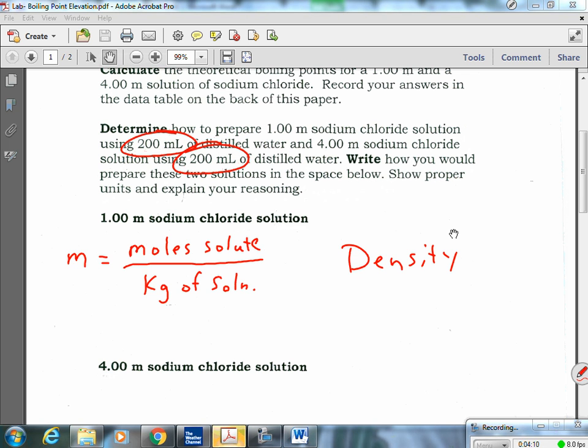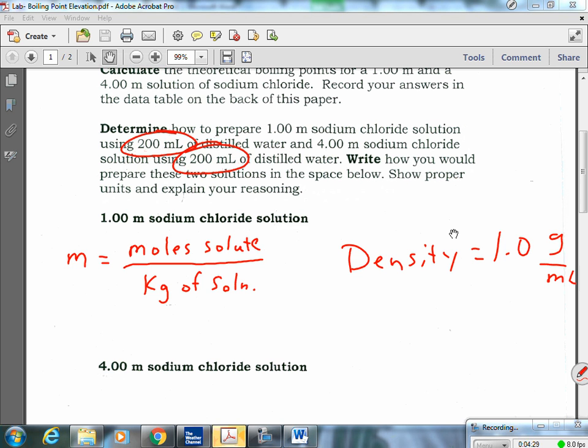Well, what do you know about water? Water has a density of 1.0 grams per milliliter.